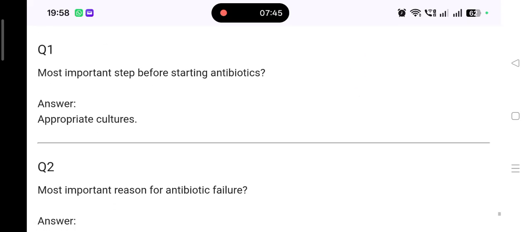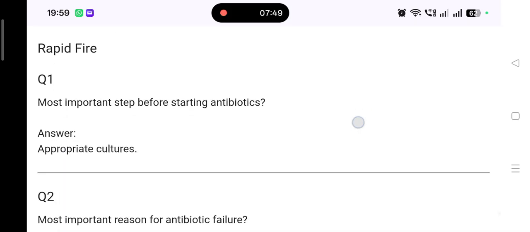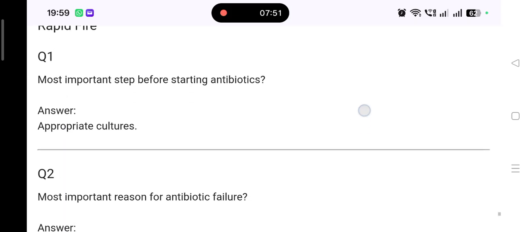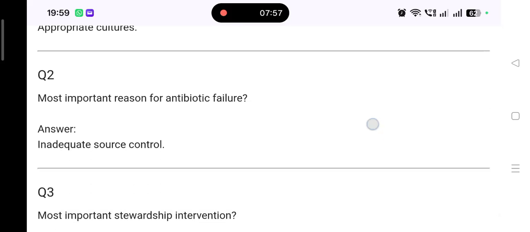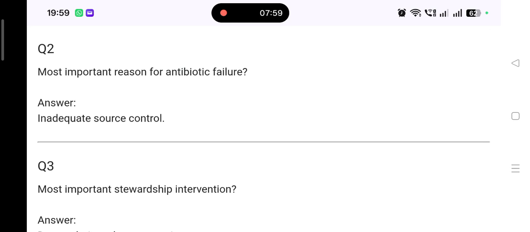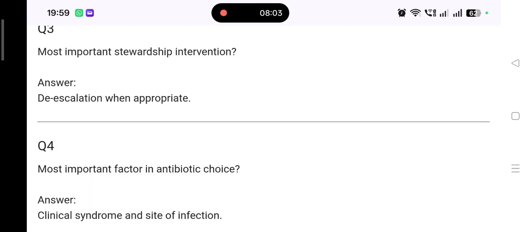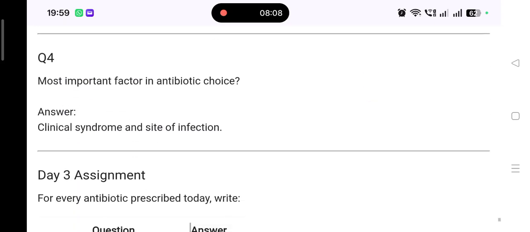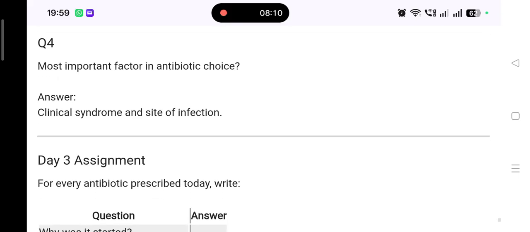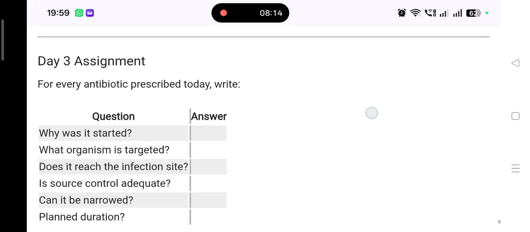So at the end of the day, at the ID grand round, the rapid fire questions. Most important step before starting antibiotics: appropriate cultures. Most important reason for antibiotic failure: inadequate source control. Most important stewardship intervention: de-escalation when appropriate. Most important factor in antibiotic choice: clinical syndrome and site of infection.